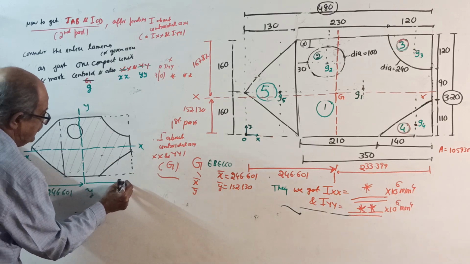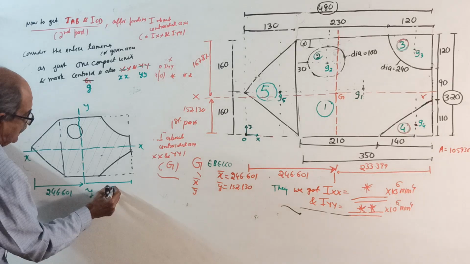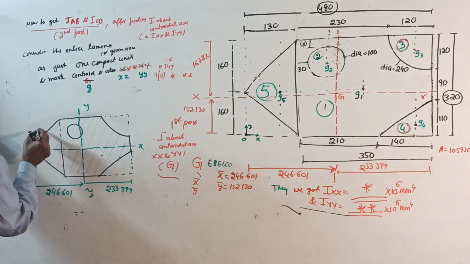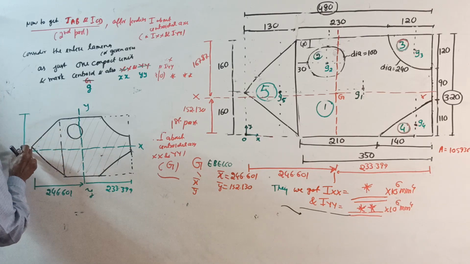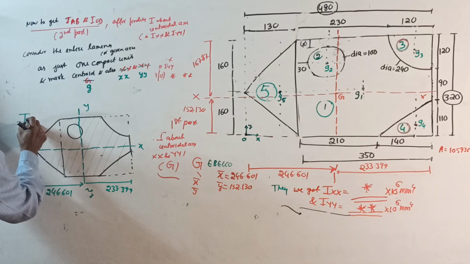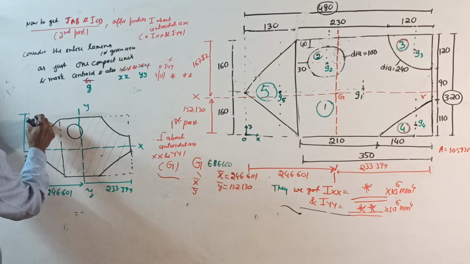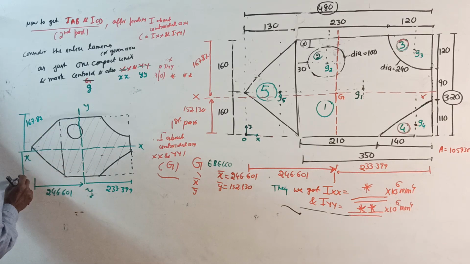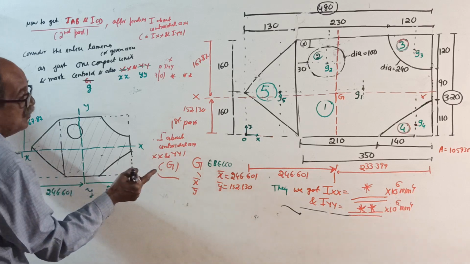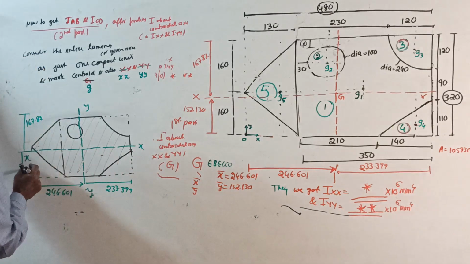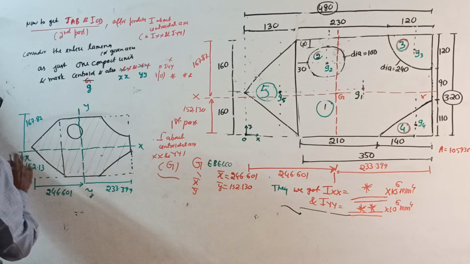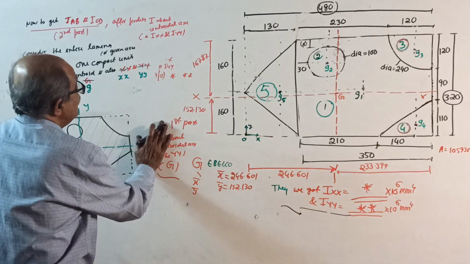If you want that distance, it is 233.399, and this distance is 167.87, and this distance is how much? 152.13. Okay, right here. Now write the properties here.